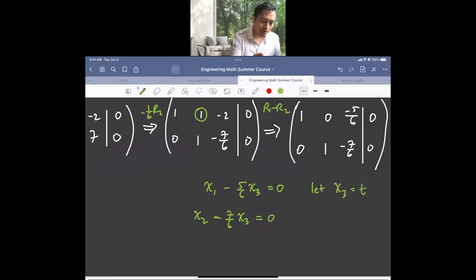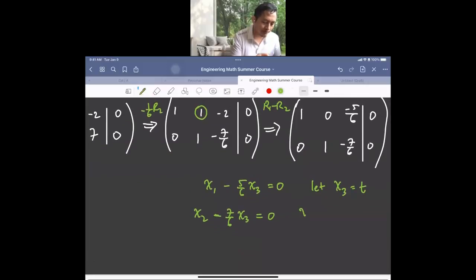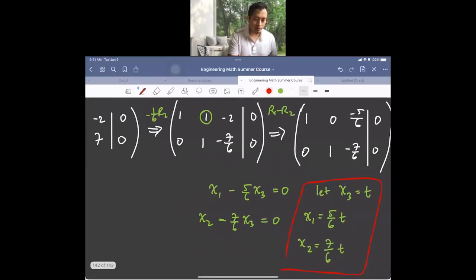So let's define x3 as t. So we have x1 is 5 over 6 t, and x2 is 7 over 6 t. Then we can solve this system of equations with this kind of solution. Okay? So for whatever t we have, x1 is 5 over 6 t and x2 is 7 over 6 t. Okay?